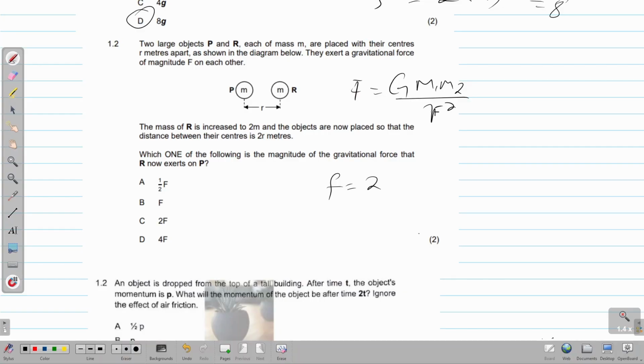The force is inversely proportional to the square of the distance, so that's going to be 1 over 2 squared. And then that gives us 2 times 1 over 4, which gives us a half. So we select the answer there as the new force.